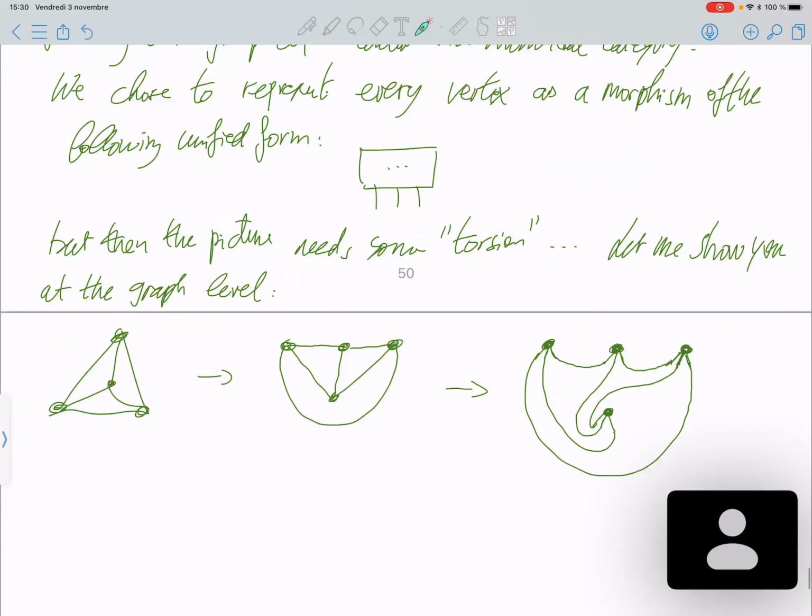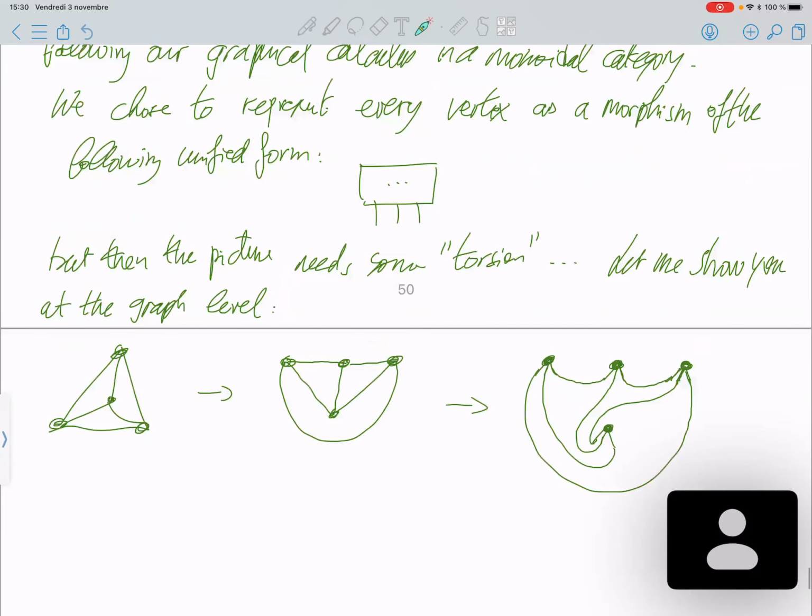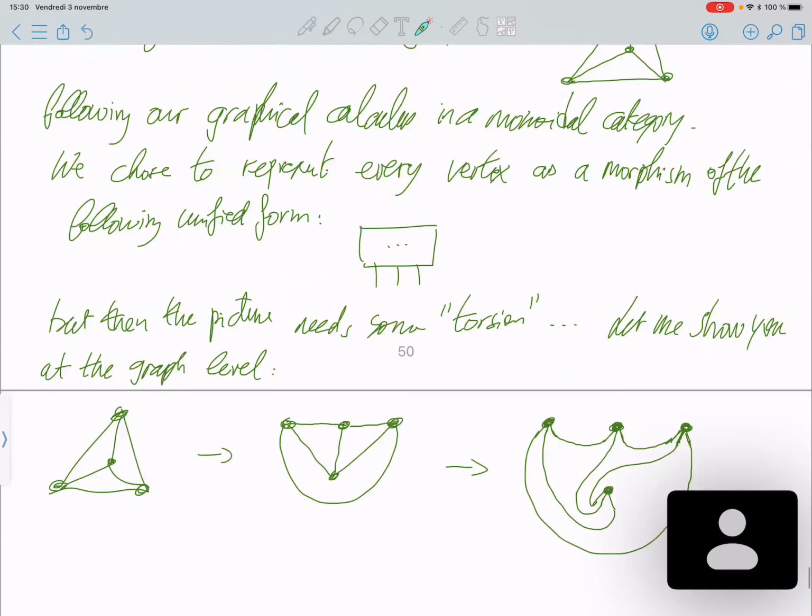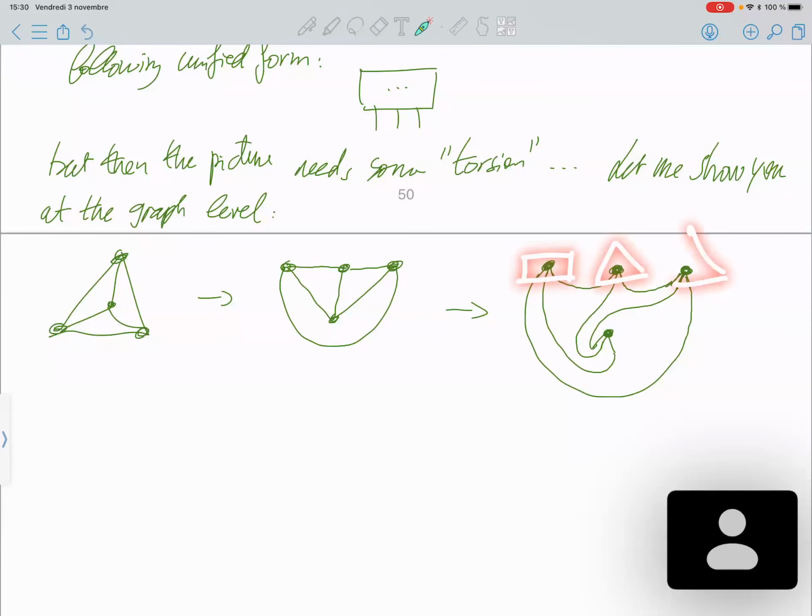Then we will need an extra step. We will put some labels for the morphism, and then we will need to deal with the proper zigzag relations in such a way that we can do something which makes sense in a monoidal category.